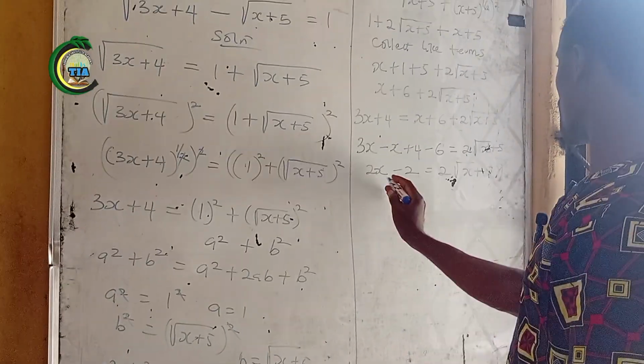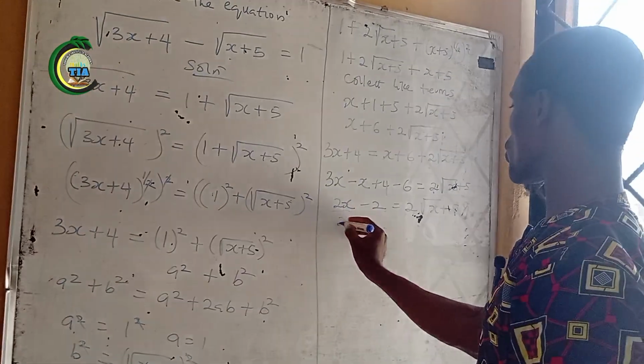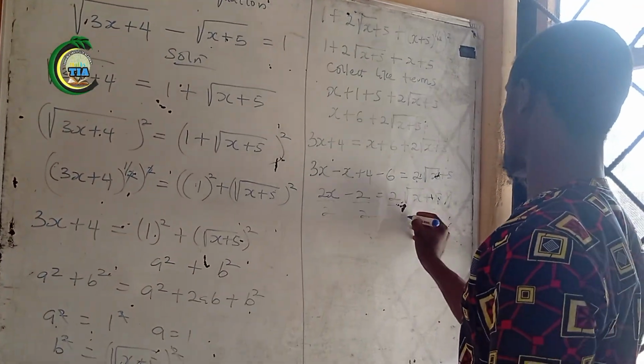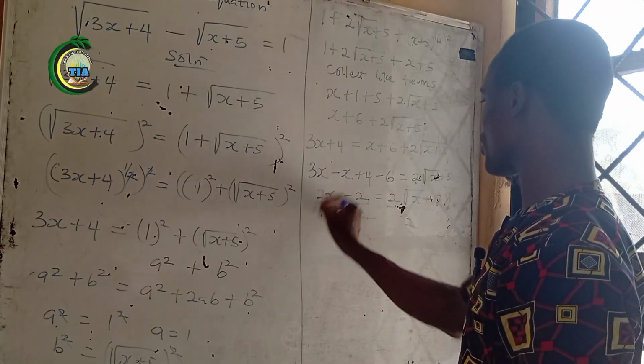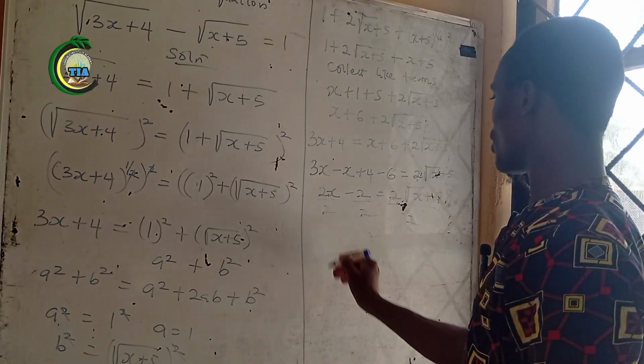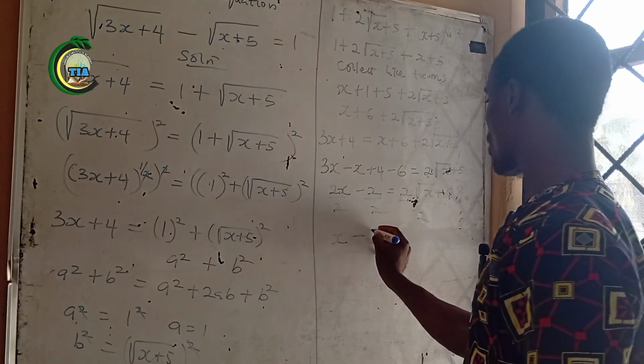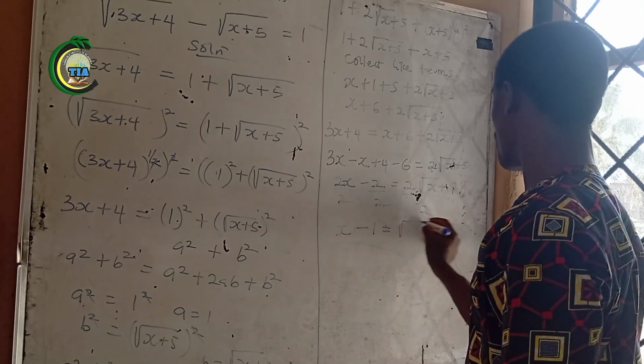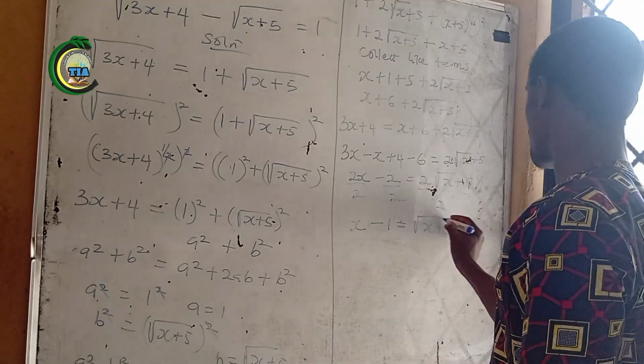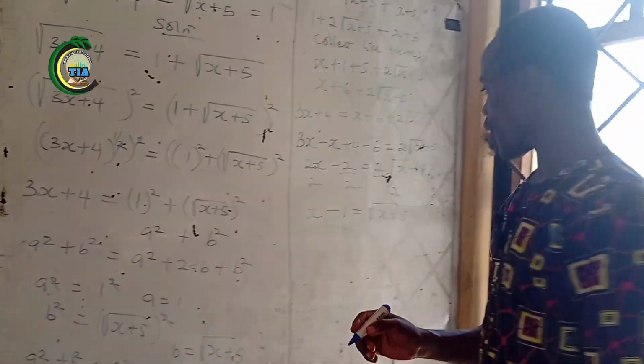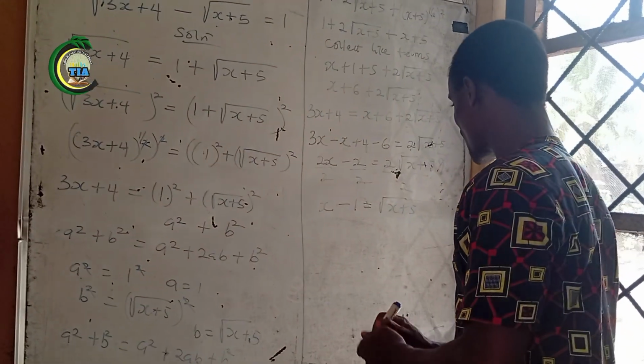Now at this point we divide both sides by 2. When you divide both sides by 2, this will cancel out. We are left with x minus 1 is equal to root x plus 5.